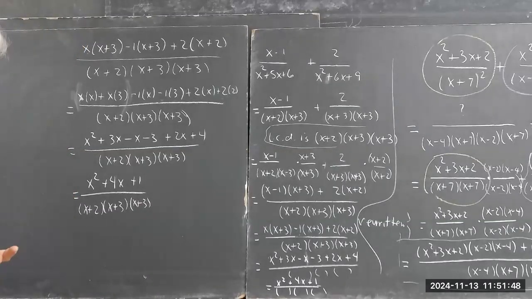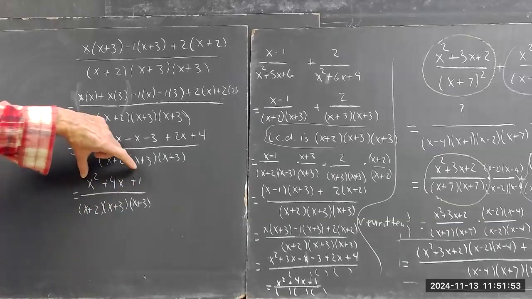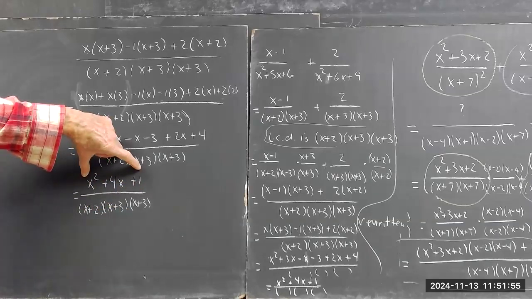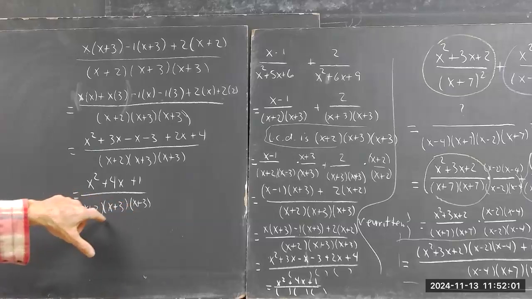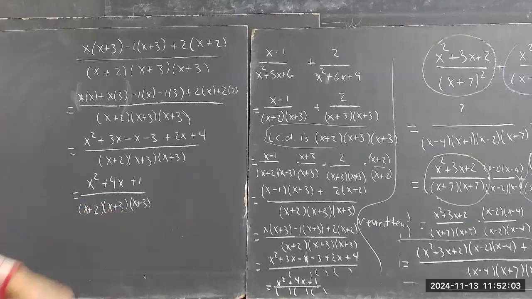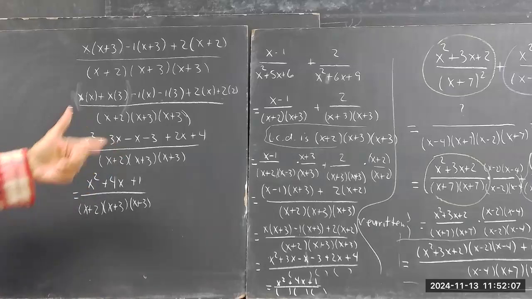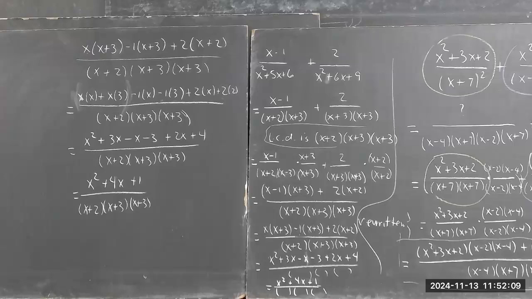Now, what we've got to be careful of is, does this trinomial here contain a factor that's equal to one of these? In other words, if this factored as x plus 3 times something else, then we'd have to divide the x plus 3 into that x plus 3, right?